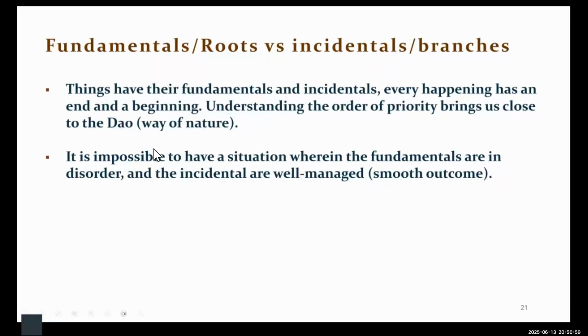Here I'd like to share two lines from the Great Learning. It says, things have their fundamentals and incidentals. Every happening has an end and a beginning. Understanding the order of priority brings us close to the Tao. This is what I just mentioned. When the root is taken good care of, we are definitely going to have very thriving, prosperous branches and leaves.